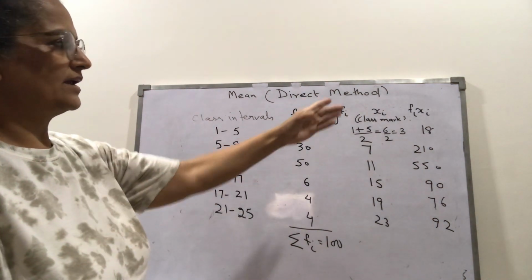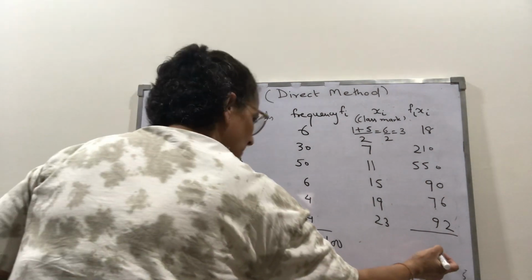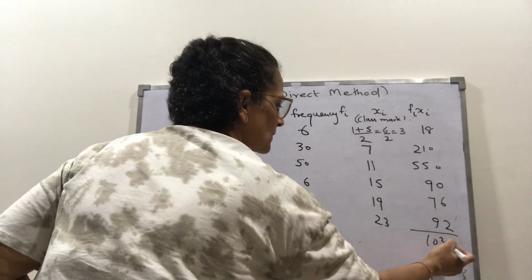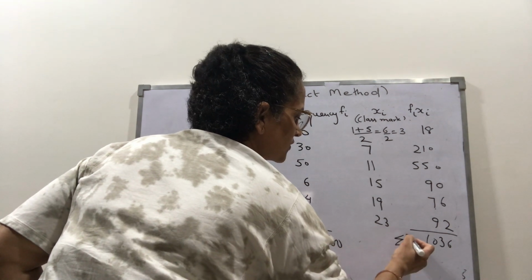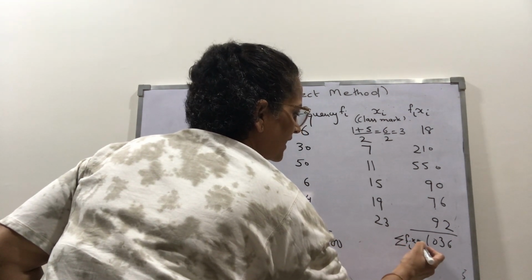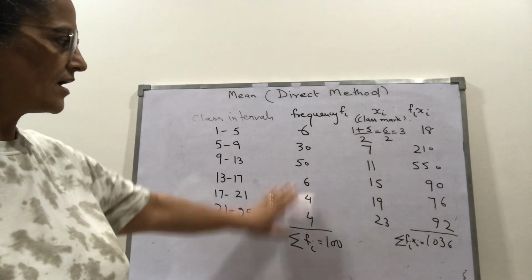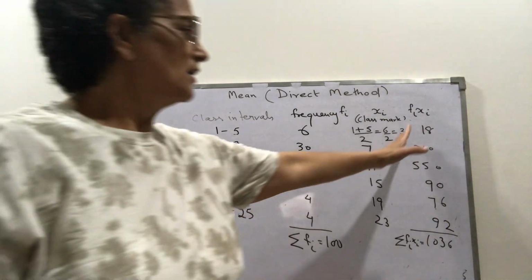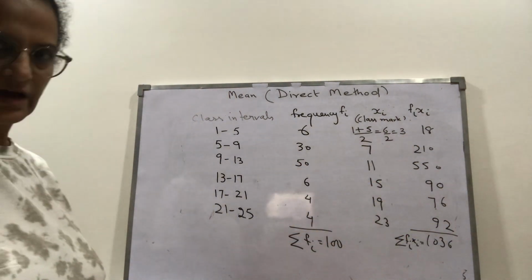After finding Fi Xi, you add them, and this is called the summation of Fi Xi. So the first column summation is sigma Fi, the frequencies added. Next is Fi Xi, which you add.